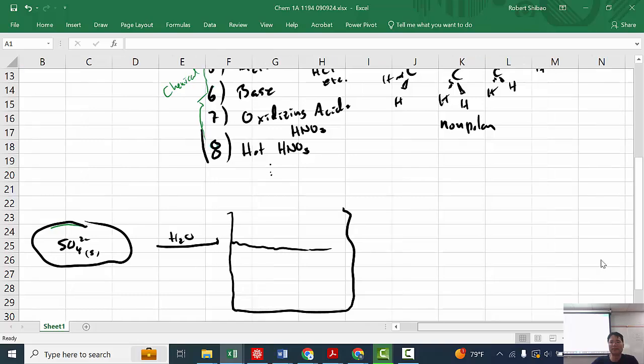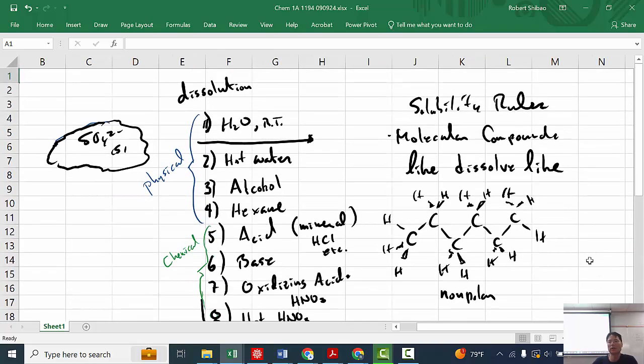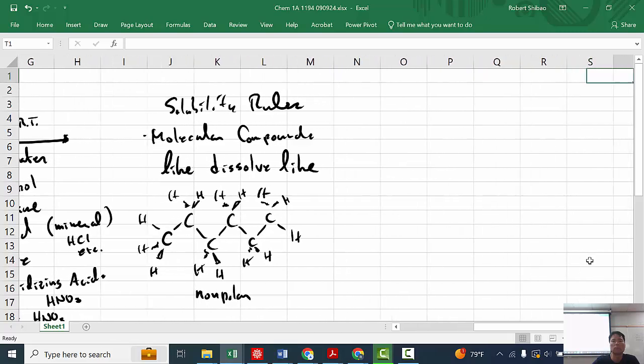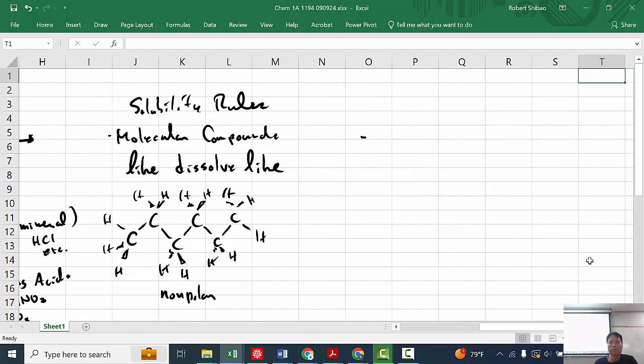So let me go over here, and we're going to talk about the solubility rules for ionic compounds. There are different solubility rules for ionic compounds. I like to use the ones from, I think, Chem 4, and there are 7 of them. So, 1, 2.